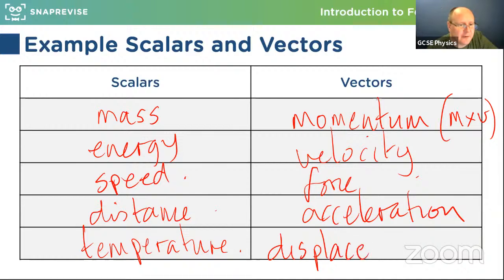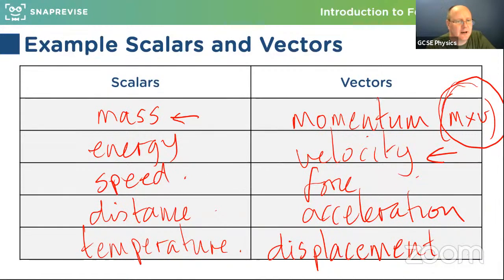Let me just talk about a few of these before I move on, in case there's a few words there some of you haven't come across. Momentum, mass times velocity. Whenever you multiply a vector quantity by a scalar quantity, your resultant quantity is going to be vector. So if there is a vector quantity involved in a calculation, then what you have is something that has direction when you've calculated your answer. And displacement is similar to distance, but displacement is distance in a given direction.